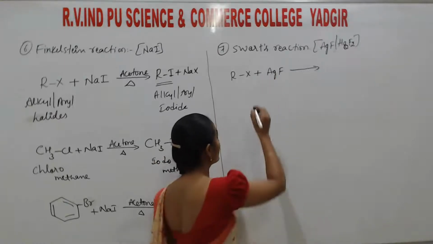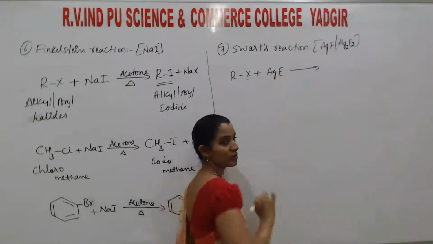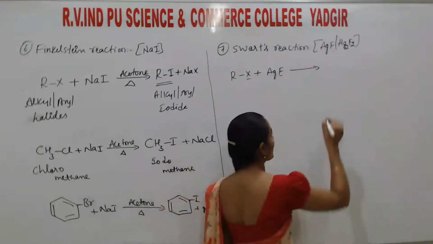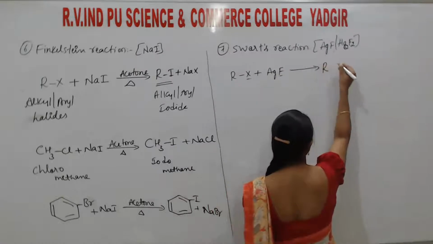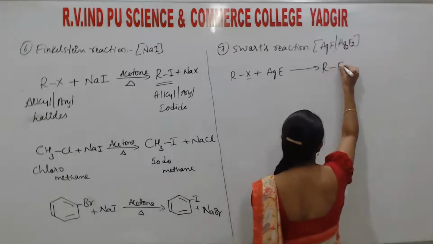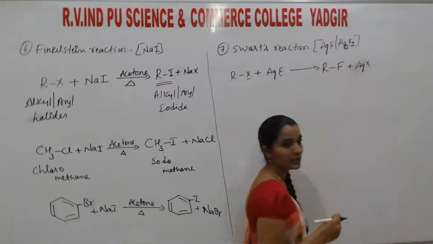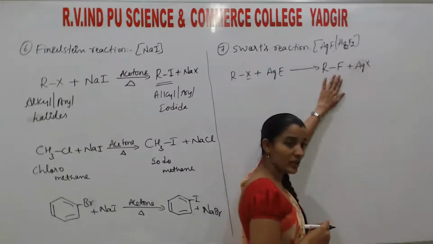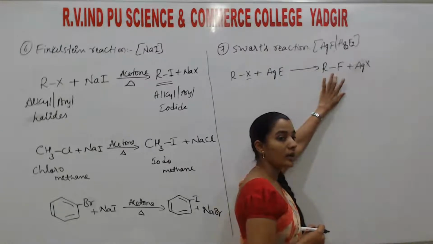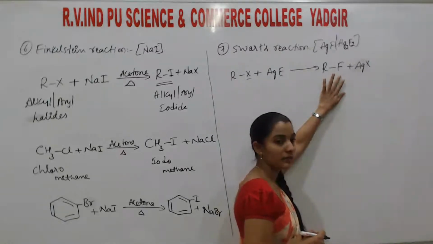What happens here? Here this is the halogen, here this is the halogen. Exchange takes place, means the product formed here is RF plus AgX. This is specially used to prepare alkyl fluorides.